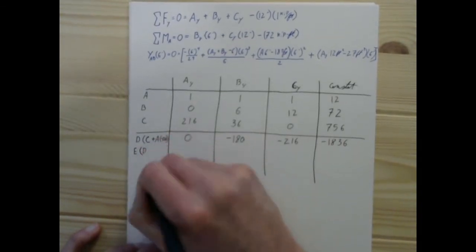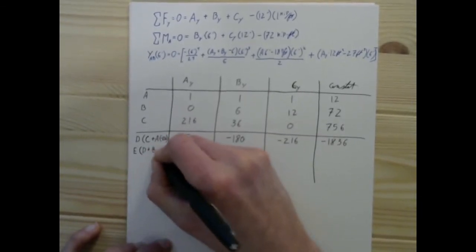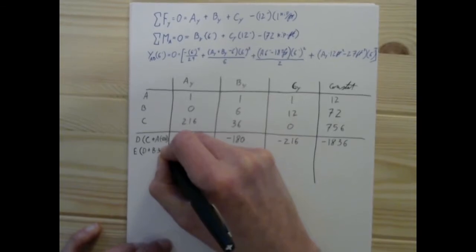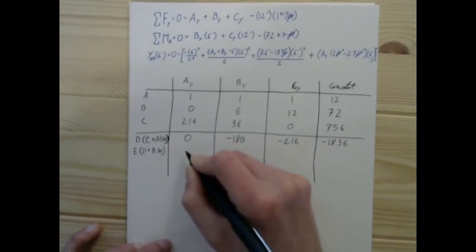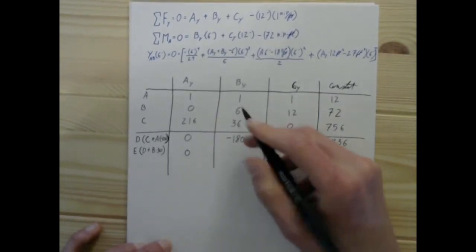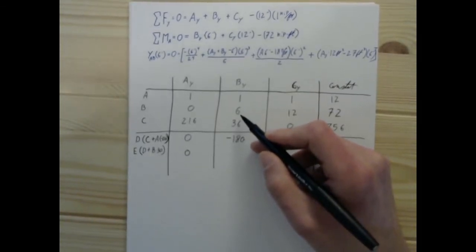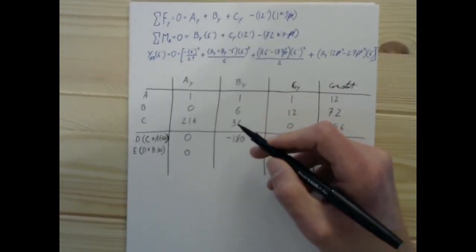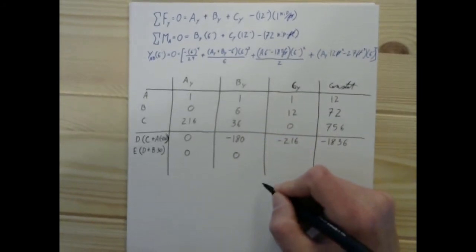That's equation D plus B times 30. Oh, there should be more parentheses there. That 0 plus 0 is 0. 6 times 3 is 18 times 10 is 180, so this also goes to 0.